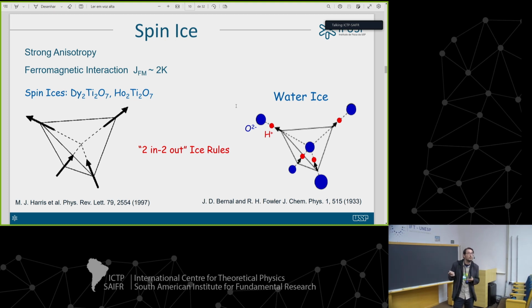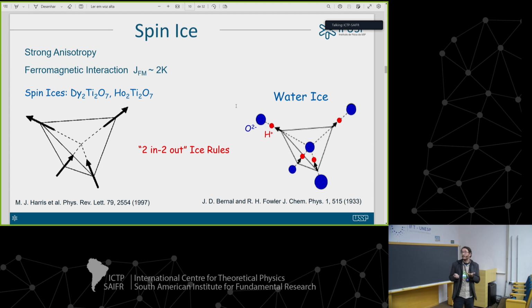It's always possible to have all the spins pointing inwards and all the spins pointing outwards from each tetrahedron, and everybody will be happy. But in the case of the ferromagnetic interaction, where you need one spin pointing in and one spin pointing out for each pair of spins you choose on the tetrahedron, then you see that it's impossible to do that for all the pairwise interactions.